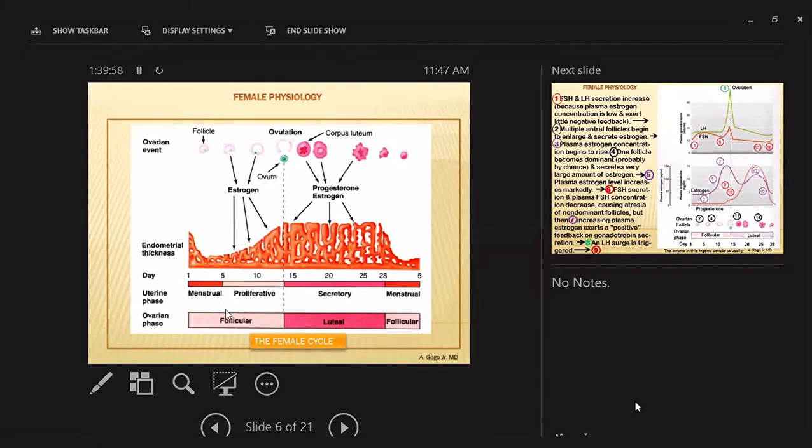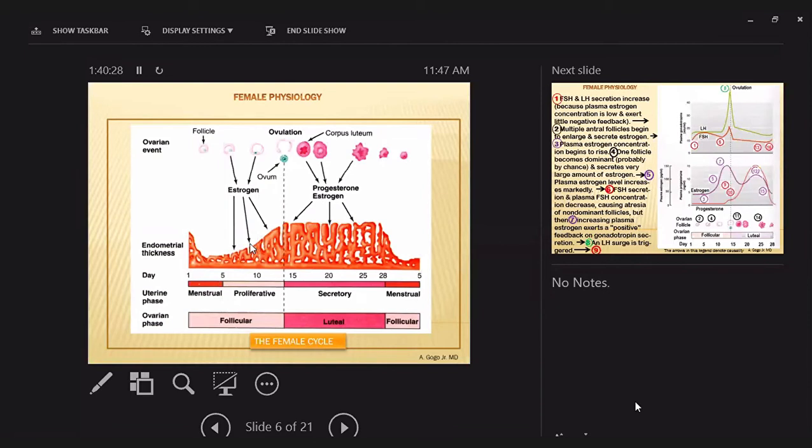So, after that is the proliferative phase, then the secretory phase. Proliferative phase, when the endometrial thickness will grow. Endometrium will grow in its thickness, will thicken, okay? And what is responsible for that?